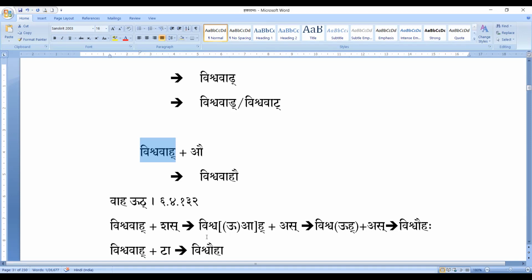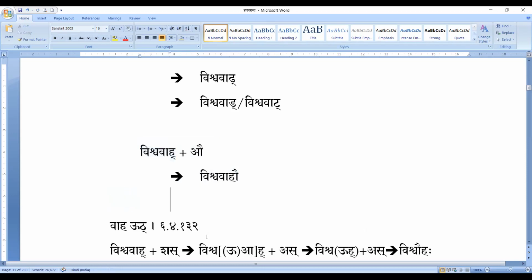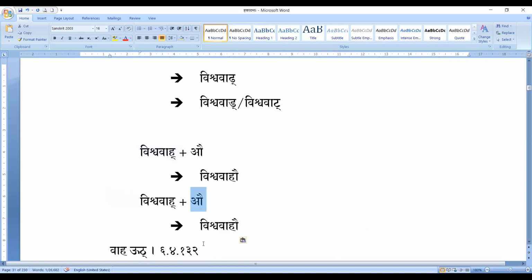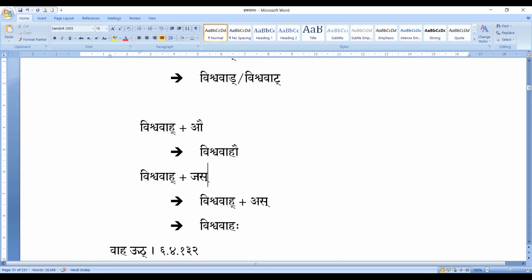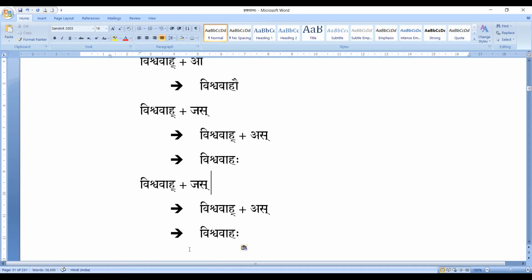Now, Bahuvachanam. Okay, let me do everything. Vishwavah plus Jas, which is also Sarvanamasthana. Therefore, what will happen? Vishwavah plus as will become Vishwavahaha. Then Dvitiya Vibhakti Ekavachana: Vishwavah plus Am, a simple Melana.